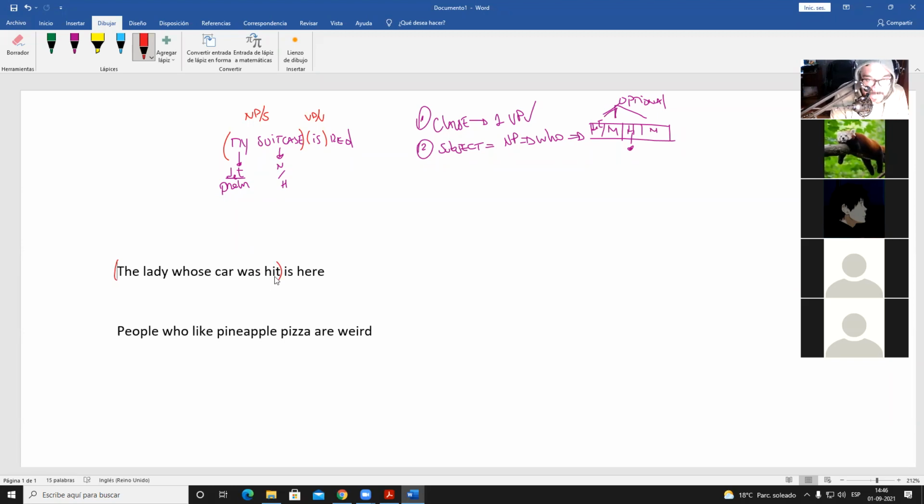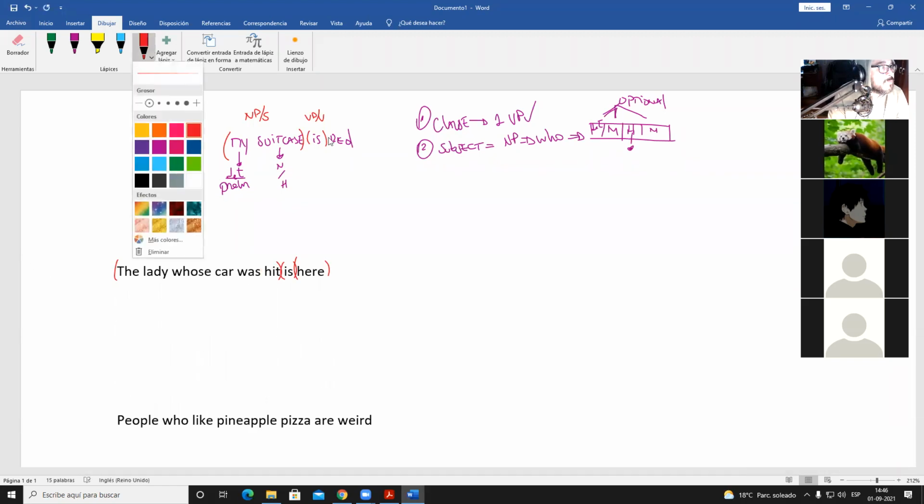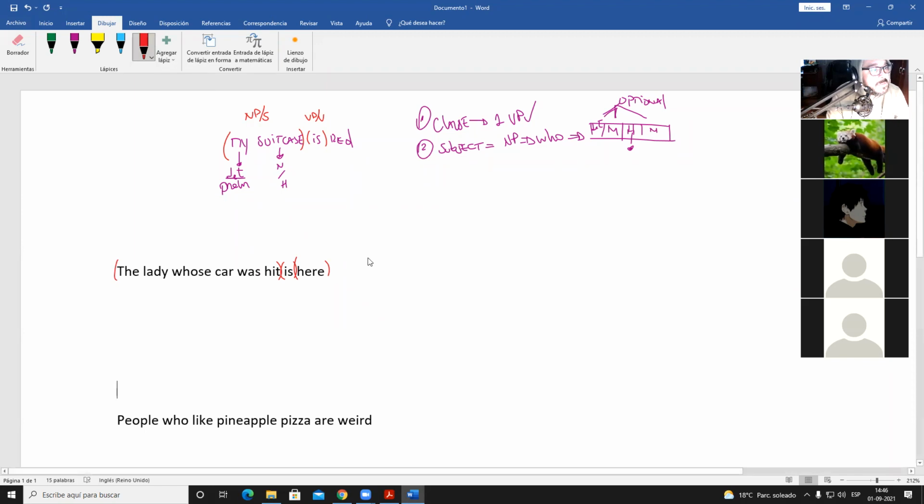Then what we have is she is here. So clearly the main verb phrase is is, and then we have the other part of it, which is here. I'm going to move this stuff a little bit because we're going to run out of space.